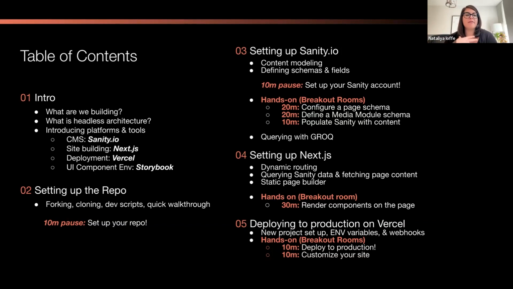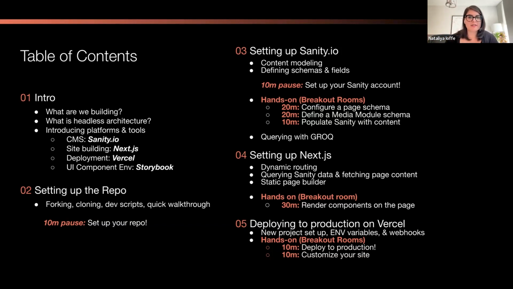We are going to go through the platforms that we're using, Sanity, Next, Vercel, as well as Storybook. And talk a bit about headless architecture and why use it. We're gonna set up the repo, so we'll have a bit of a pause, bathroom break, whatever, if you've already set up your repo, and give you the scripts to get going.